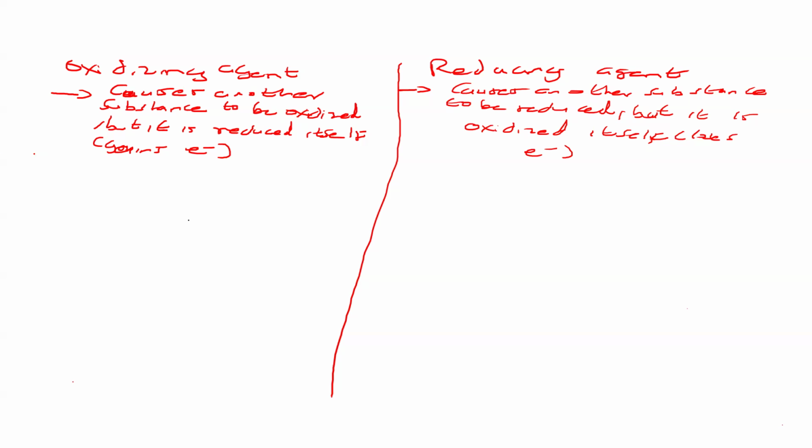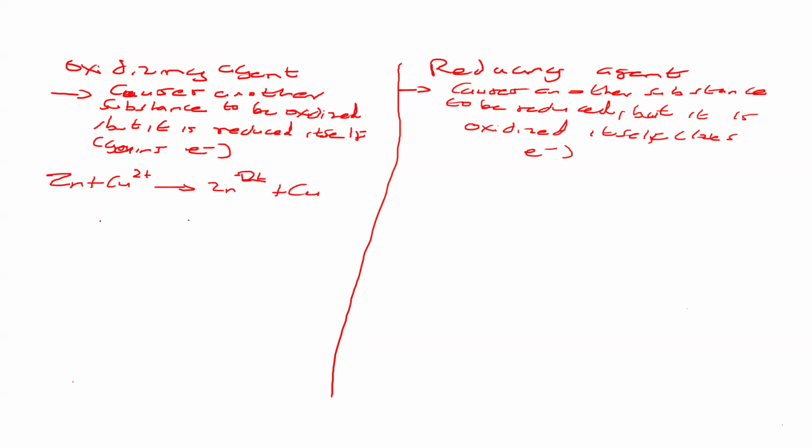All right. Let's go back to the example that we dealt with just recently, the copper and zinc. So let's do this. We have zinc plus copper 2 plus to zinc 2 plus plus copper.